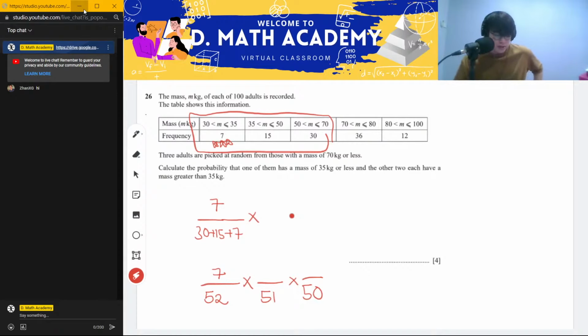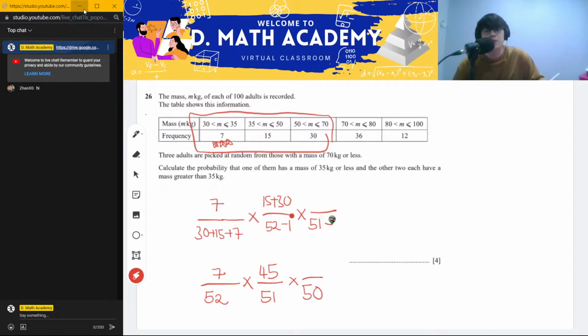Okay. And then we have a condition of it being 35 kg or more than that. So that will be our 15 plus 30 at the top. And then this one will be 52 minus 1. That's how I ended up with 45 here. And then lastly, from 52, another person was taken out already.